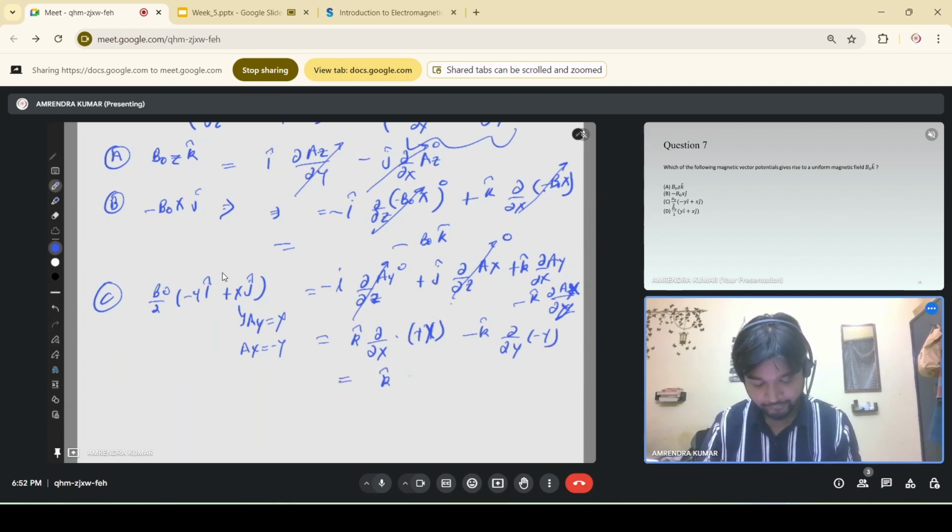So 1 plus 1 is 2, and the B0 coefficient is there, so we multiply with B0 by 2.